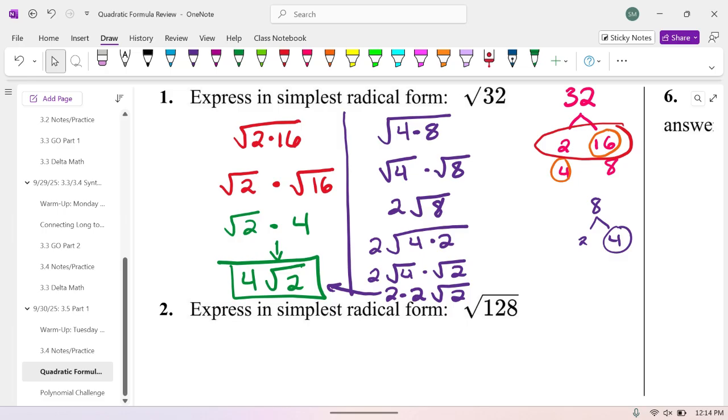If you're trying to simplify 128, start by finding some factors of 128. Which, guys, if 128 is an even number, what's automatically a number you can divide by? 2. Yep. So start there.